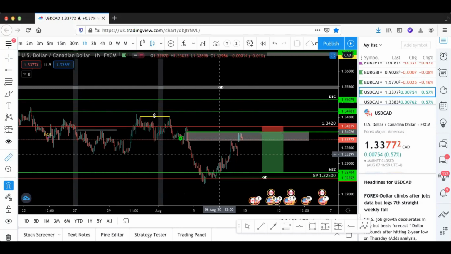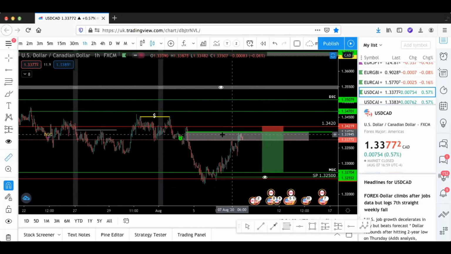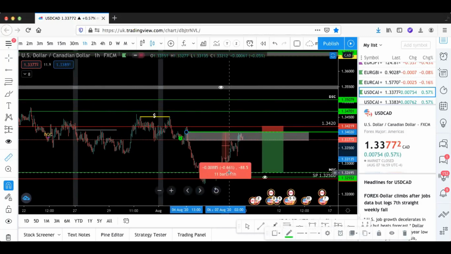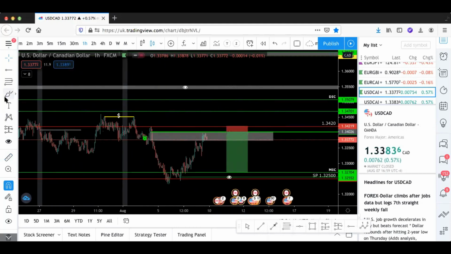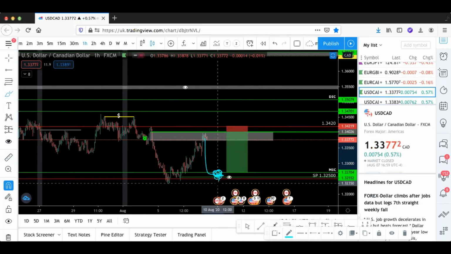If the price moves further towards our target, we could expect almost an 88 pip move, right? So for now, I'm expecting price to trade lower, and then we'll see some potential buying opportunity for USDCAD. Then I'm expecting price to move higher.